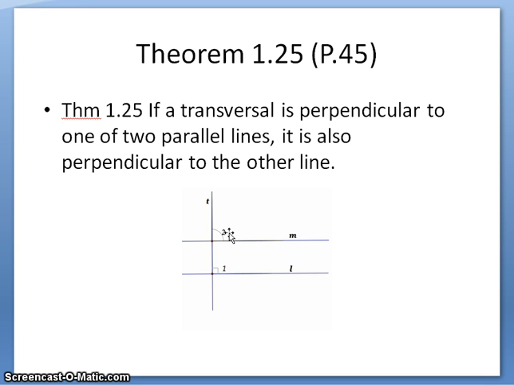Actually it is correct, but we need to prove it. So how to prove the other angle in the picture, we call it angle 2, is also 90 degrees? Well, it's very easy if we use one of the theorems we proved in the video lectures, 1.19. That's the first one we proved for parallel lines.